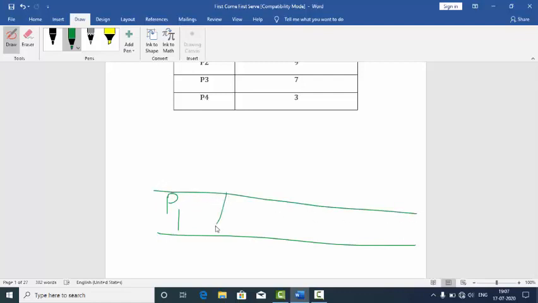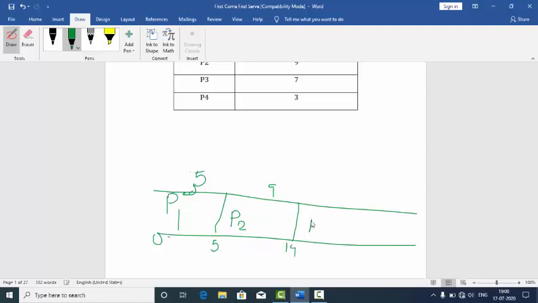P1 is going to take how many milliseconds? 0 to, it is going to take 5 milliseconds. So it is 5. Then process P2. It is going to take how many milliseconds? 9 milliseconds. So 5 plus 9 equals 14.